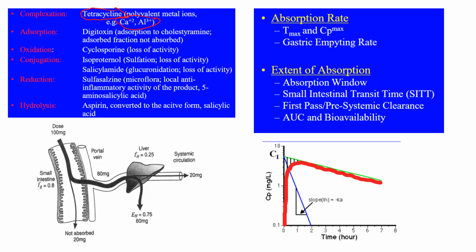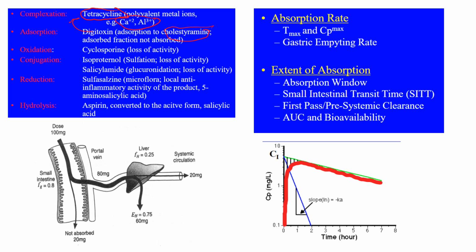These will cause complexes and lower absorption. We have cholestyramine, which is a bile acid sequestrant. This will limit digoxin absorption because they form a complex, lowering absorption, and that's through that complexation. So similar almost to this one.